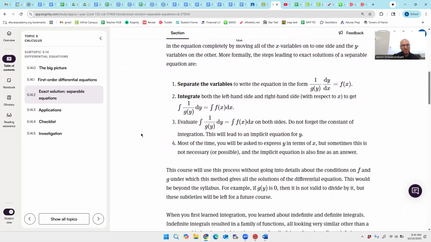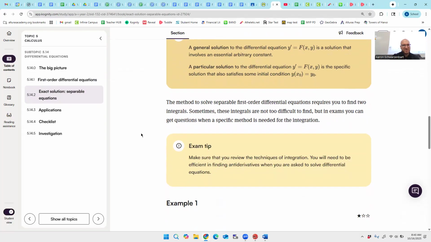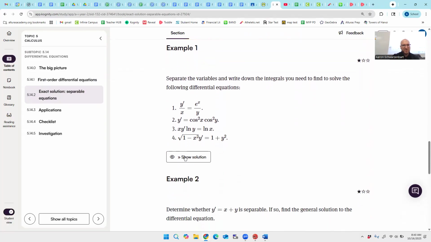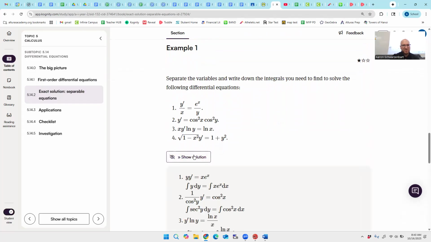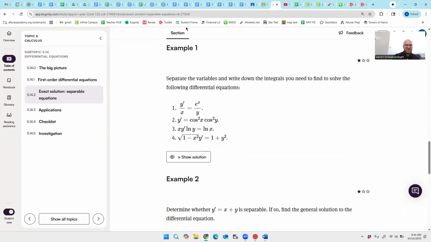Okay, separation of variables. We did this last year, so I'm going to skip to the example. Sometimes, instead of notating dy/dx, they're calling it y prime. I recommend, for separation of variables purposes, calling it dy/dx. Because dx is on the bottom, I'm going to move x to the right side and y to the left. I pretty much always do that.